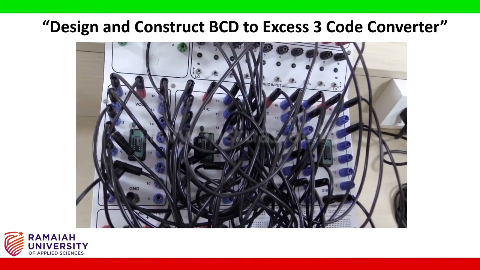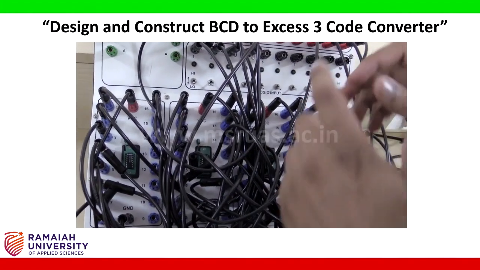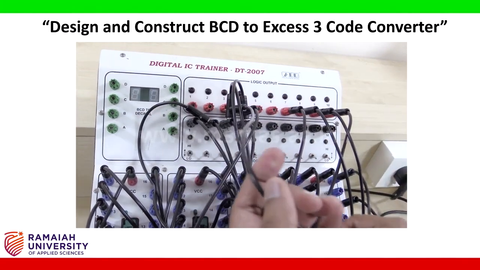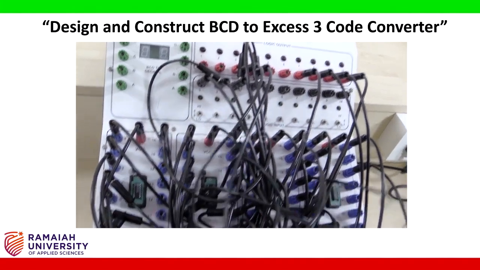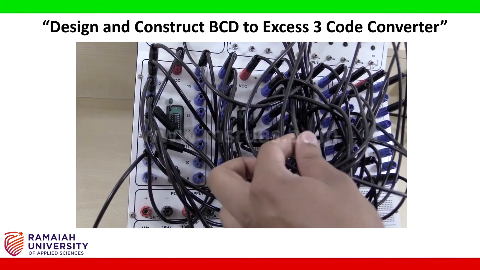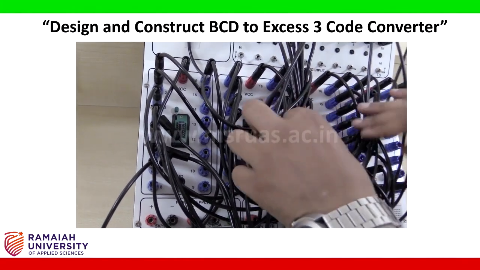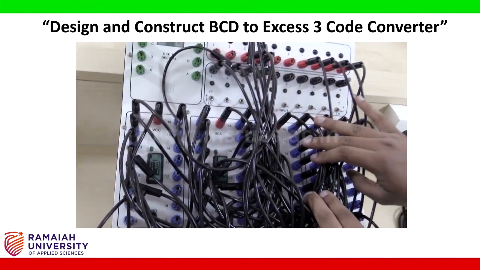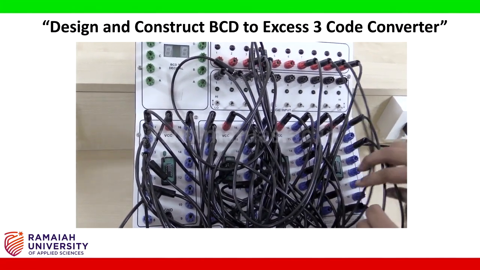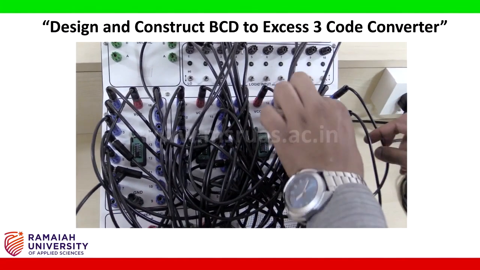Pin number 12 is connected to C input. I am connecting it here to the C input. Pin number 11 should be connected to pin number 13. It is already connected. So now we have completed the connections of the third IC base, that is 2 input AND gate, and coming to the 3 input AND gate, we have already done the connections.